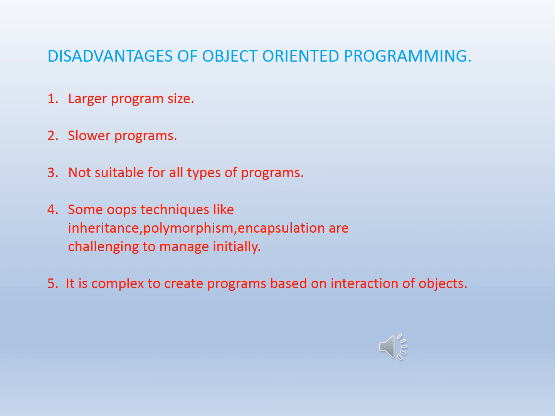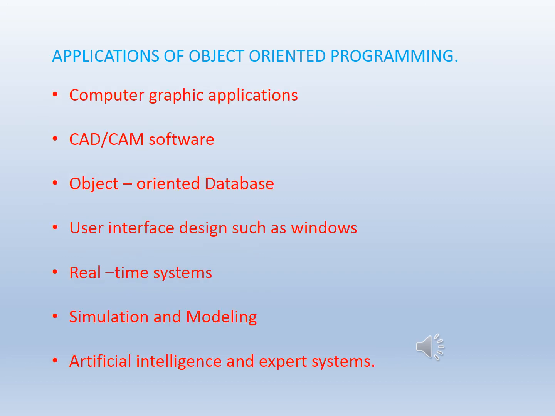You don't have to write OOP always. Fourth one is that some OOP techniques like inheritance, polymorphism, encapsulation are challenging to manage initially. Fifth one is that it is complex to create programs based on the interaction of objects. Applications of object-oriented programming. Here you don't have to explain how it works.